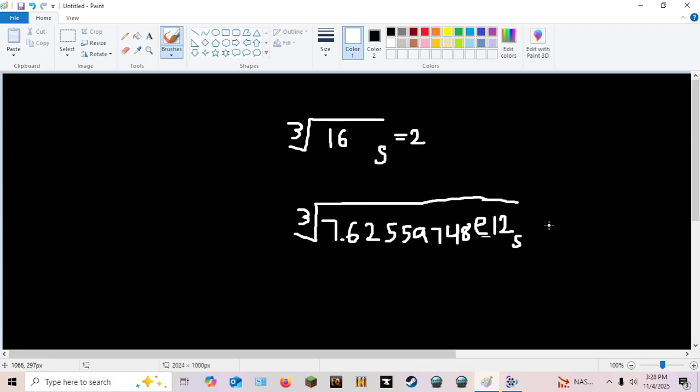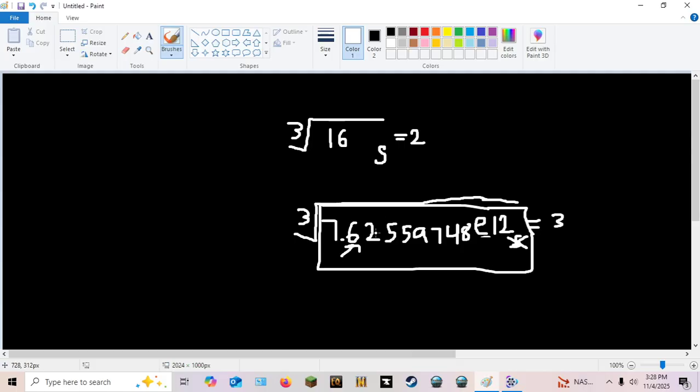It's kind of like scientific notation. So what 10 raised to 3 gives us this number? 3. 10 raised to 3 equals this very large number. I'm not including the S because I'm talking about this number.